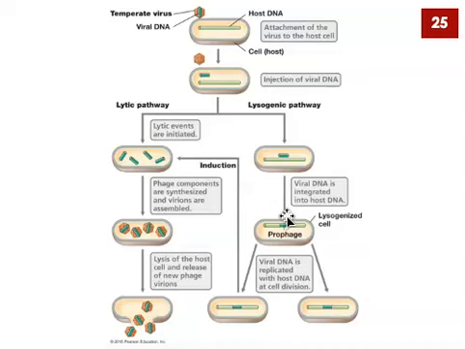Life will go on this way until that bacterial cell experiences some kind of stress, some kind of event where it is under stress. We don't really understand all of these signaling pathways, but something is going to put the survival of that bacterial cell in jeopardy.